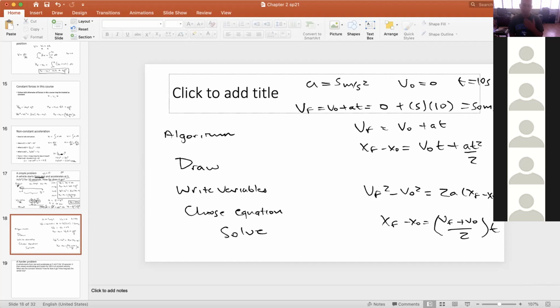Now that I have v final, I could use any equation I want to find x final. And there's nothing wrong with doing it that way. It takes a little longer. Sometimes when I do problems in class, I'm going to do them the long way. It's okay. There are different ways to solve these problems as long as you get there and you know the equations to use.